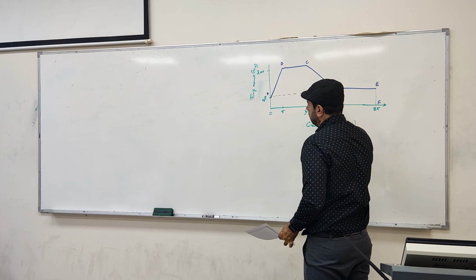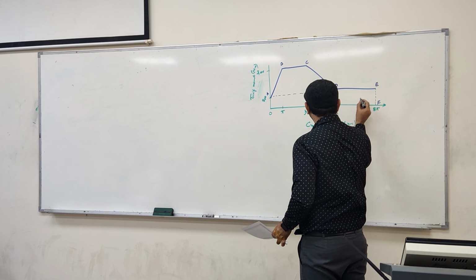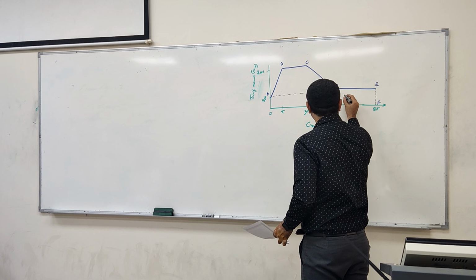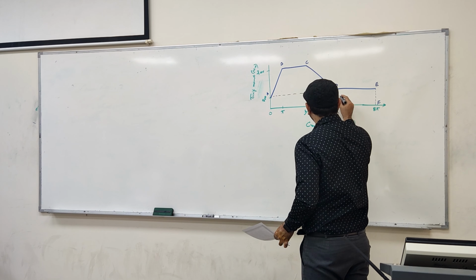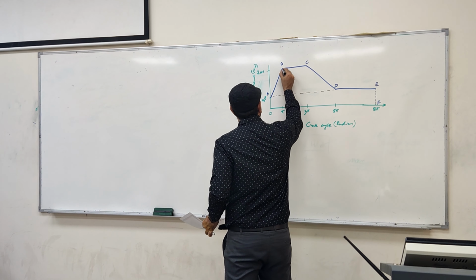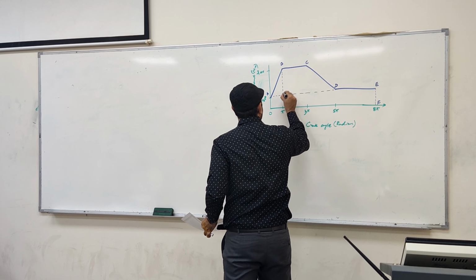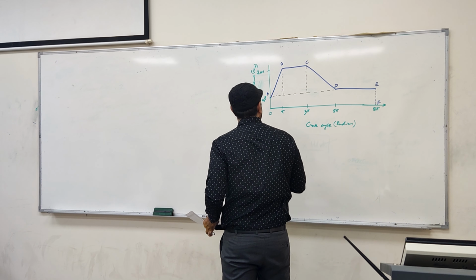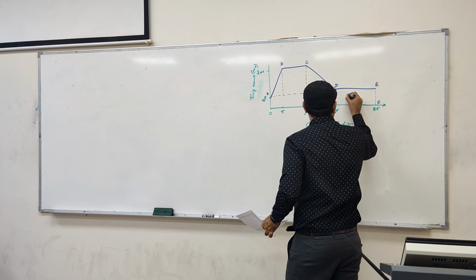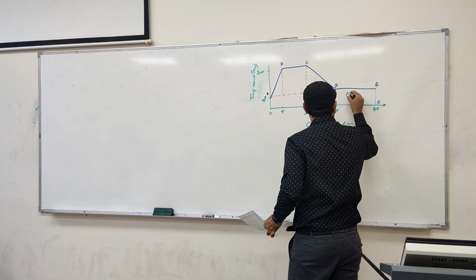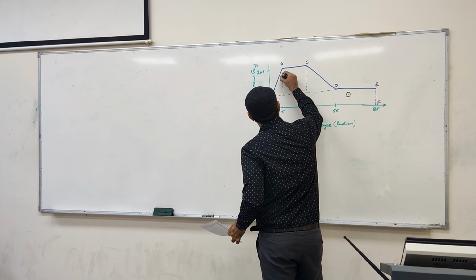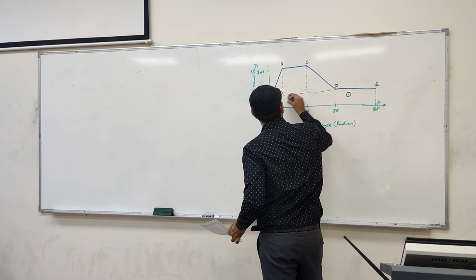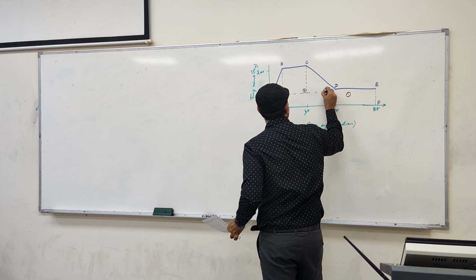So we made one over here, one over here. We can call them area 1, area 2, area 3, area 4.